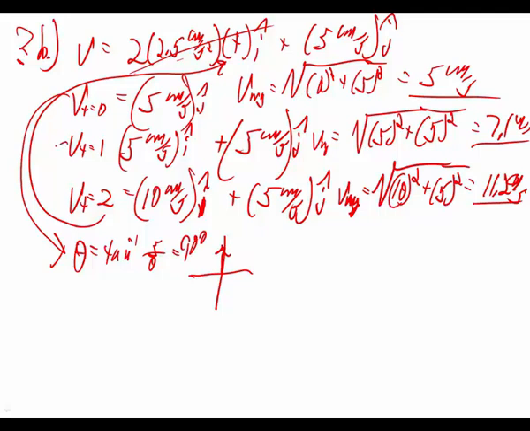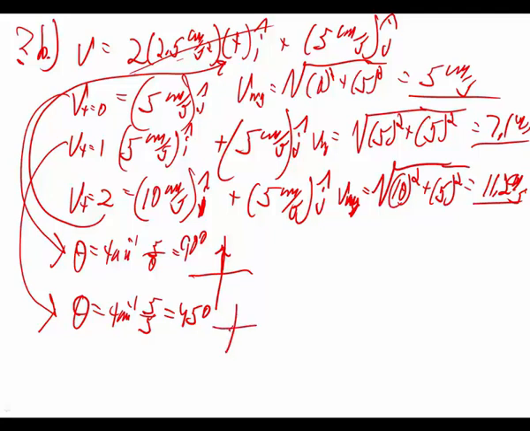All right, what about the next one? Theta is equal to arctangent of what? 5 over 5. And what does that come to? 45? So that's 45 degrees, isn't it? So this next one looks like this.